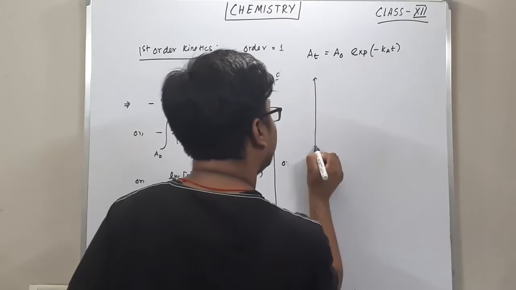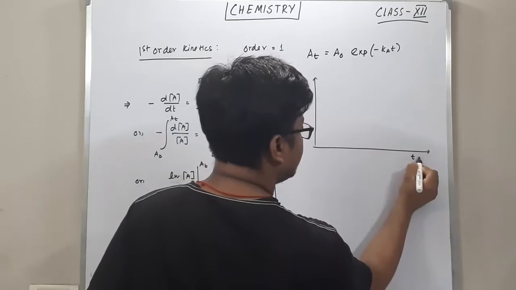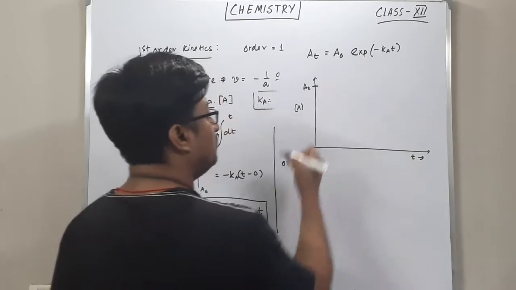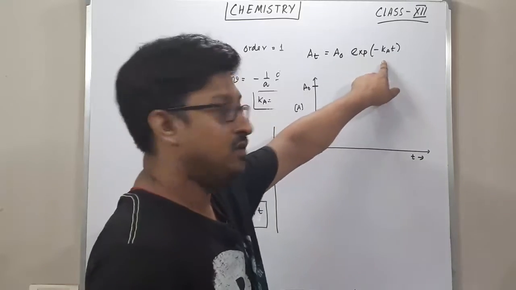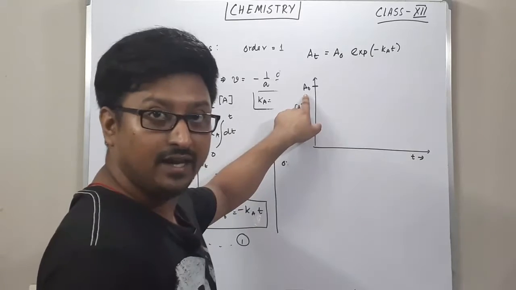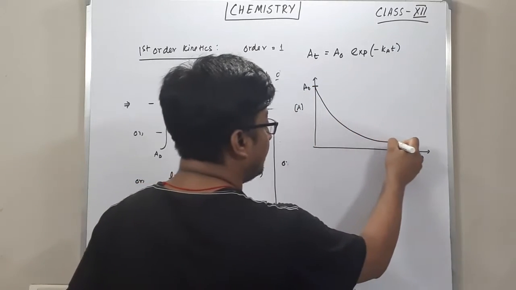If I plot the concentration of A with respect to time, it will start from A0 when t is 0, since e to the power 0 is 1. Then there will be an exponential decay.